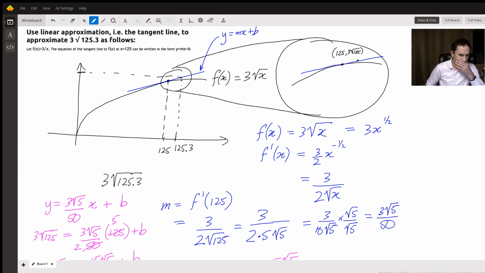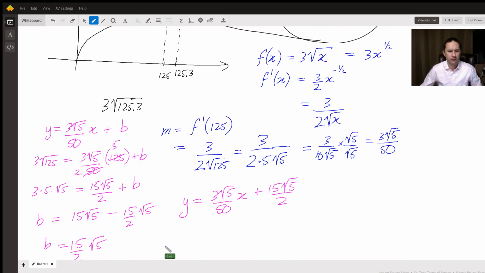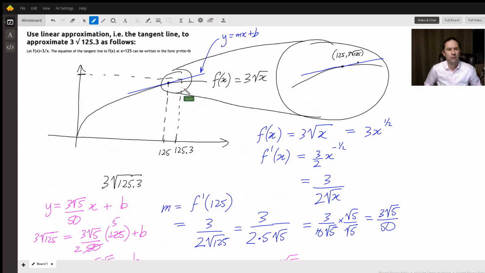Okay. So now we can use that to approximate it. We just substitute in 125.3 into that. So we can say f of 125.3 is approximately that. Now it should be around about whatever the y value is for there.